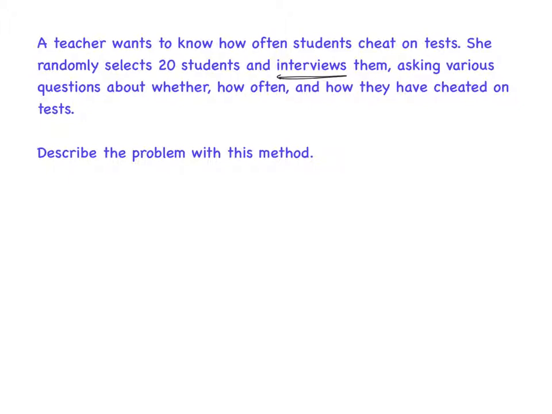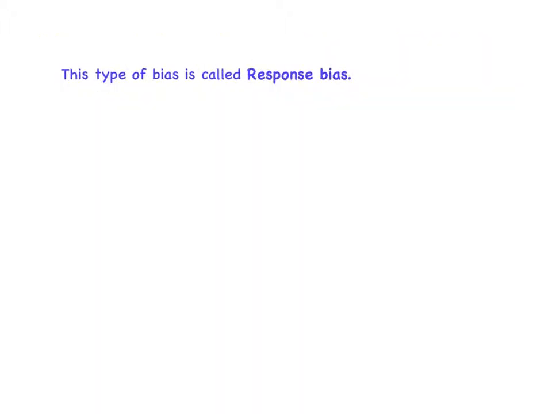So when we're talking about that kind of situation, if I'm a teacher and I'm standing there asking a kid, have you ever cheated on a test? How did you do it? How often do you do it? They're probably going to lie to me. Whereas if I hand them a computer and say, can you please take this anonymous online survey, that might give me more honest answers. So both of these situations, the last two that I just talked about, are called response bias.